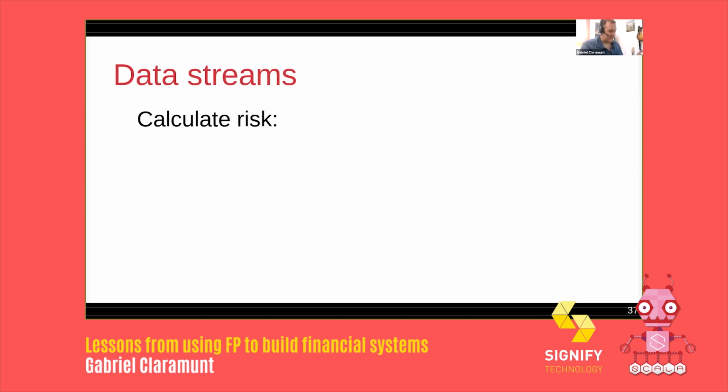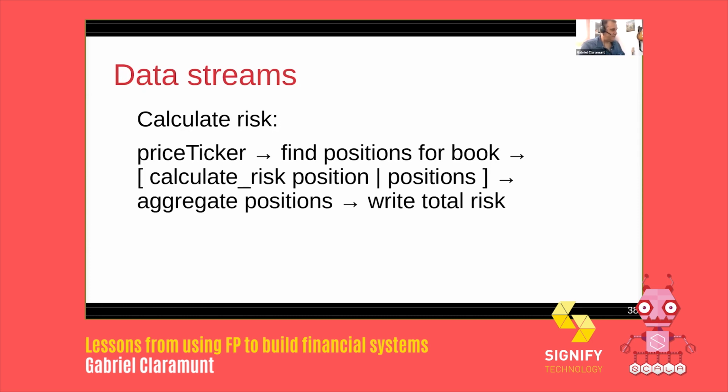So you have a stream of data with the market prices and the rates, and we want a constant update of the risk of the system. With a very small example, you have a price ticker that gives you the updated prices. You have your book with all the trades, basically a group of trades, positions if you're dealing with futures.